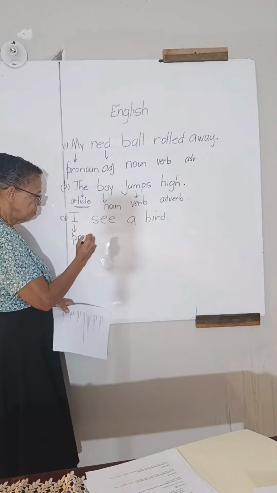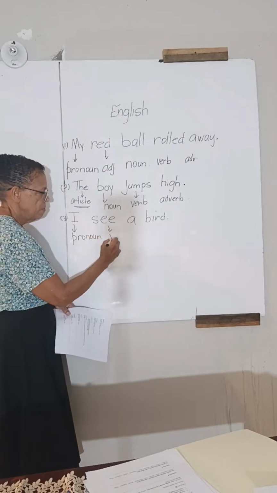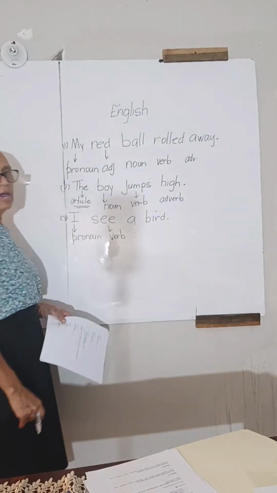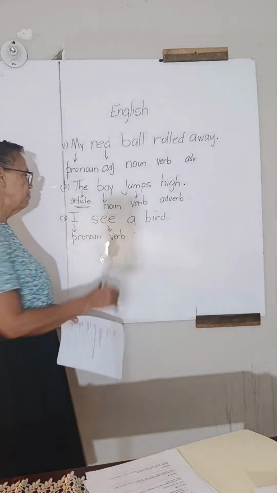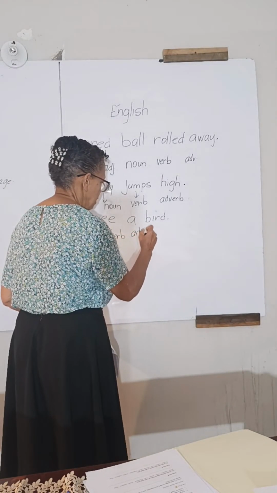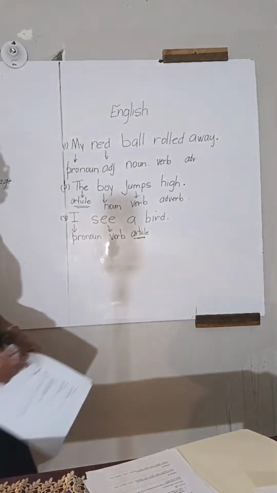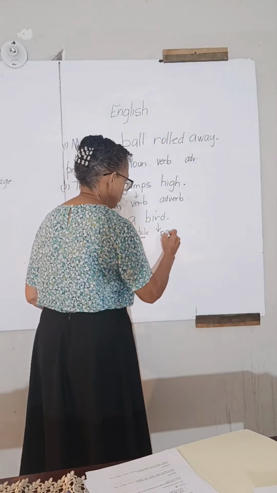See, verb. A, remember it's an article. It's an indefinite article. And as I say, if you don't see article, you can put it under adjective. Then bird, this is a noun.